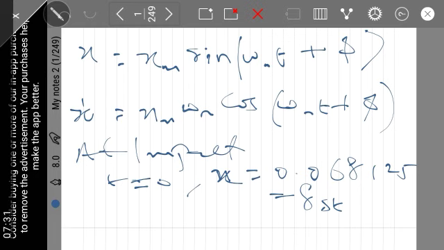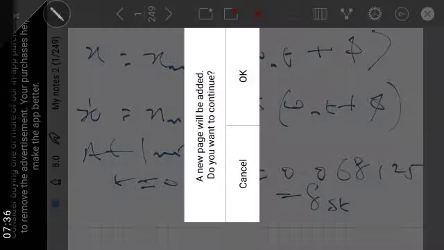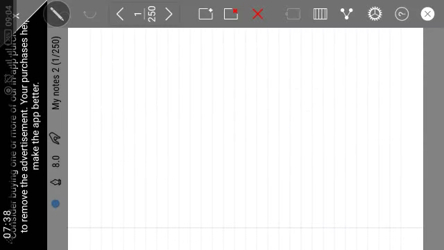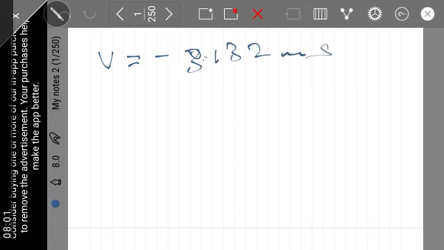Now, we know that the velocity v, because it's going downwards, will be negative 3.132 meters per second.